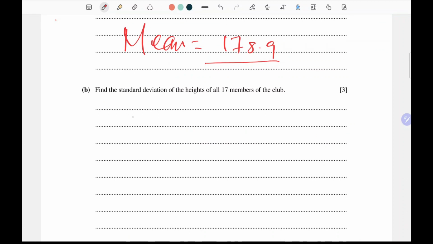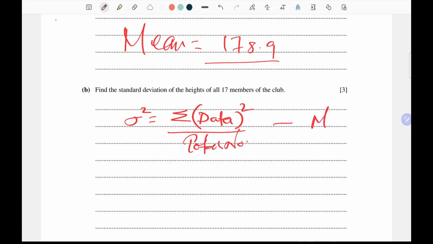You know, in general, guys, for a standard deviation formula, first of all we can find the variance, and if you have the variance, then you can find the standard deviation. So variance is sigma x square, the summation of data square, over total number minus mean square, right?